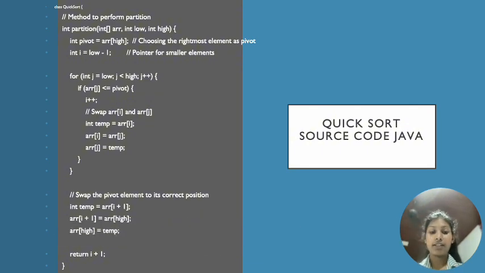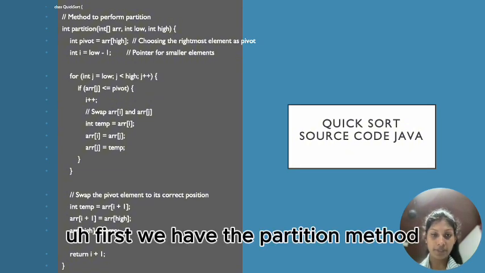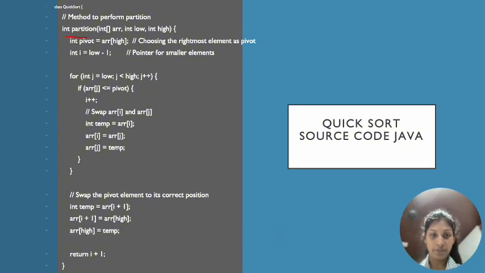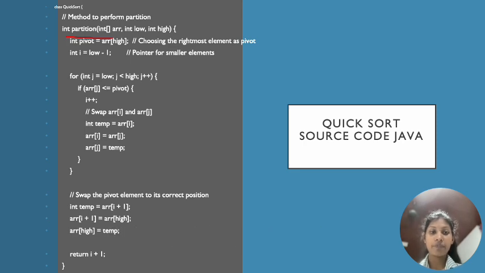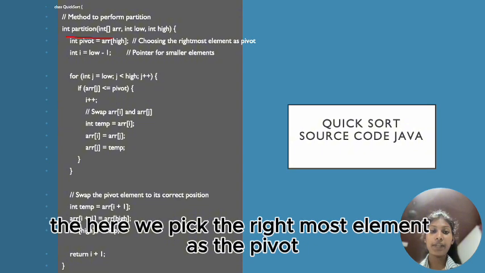Here, first we have the partition method inside the quicksort class. Here we pick the rightmost element as the pivot.